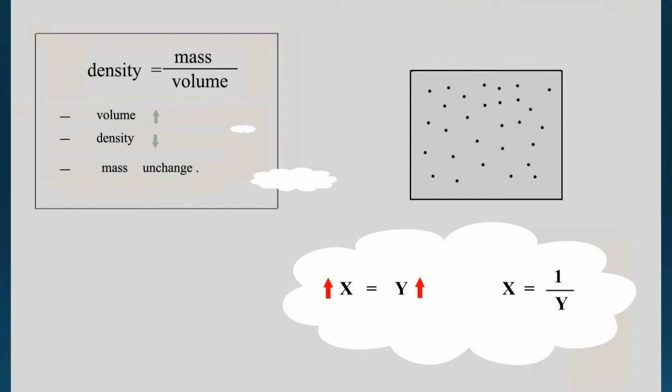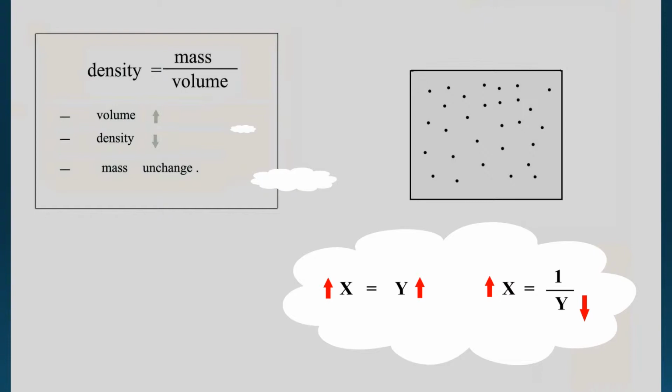Say 1x equals 2y or 1x equals 1.5y, when one increases, the other will increase by 1.5 or by 2. But what happens in the other formula? Here, when x increases, y will decrease. When x increases, y goes the opposite way.